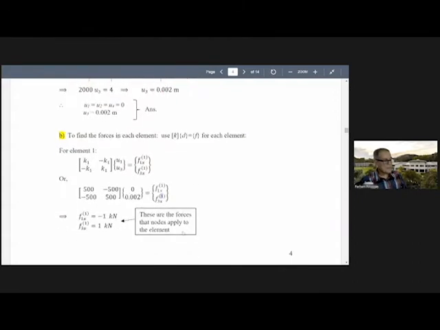With this, now just multiply. We are not solving this system of equations. We are just multiplying this matrix by this matrix: this row times this column gets this one, and for node 3, multiply this one by this, we get force at node 3 in the x direction. For element 1, it is 1 kilonewton. These are the forces in element 1.